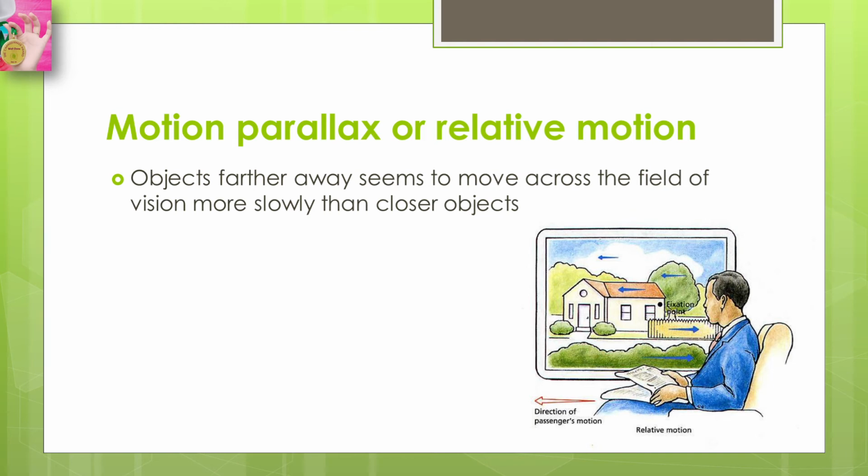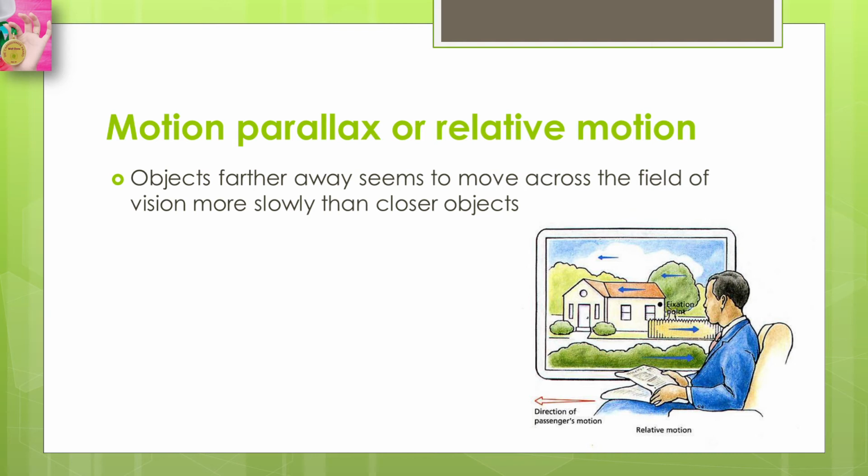According to this term, which comes under the topic of monocular cues, when you are moving, you use the speed of passing objects to estimate the distance of the objects. Nearby objects seem to zip by faster than distant objects.